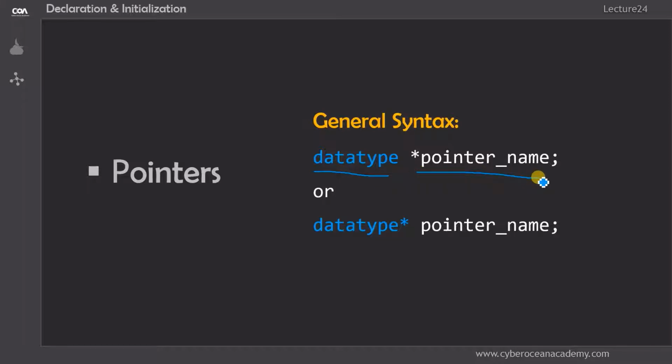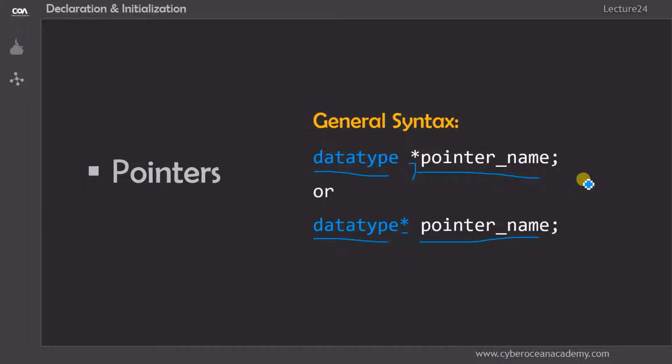The pointer variable name is written the same as a variable name, but there is an asterisk before the variable name. When you declare a pointer, you have to write an asterisk before the variable name, and some programmers declare it this way: first the data type, then this asterisk, and after that the pointer variable name.